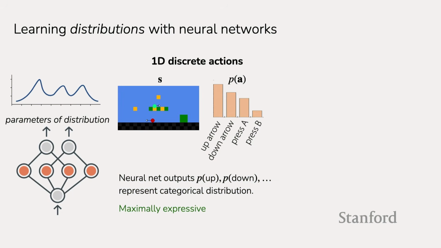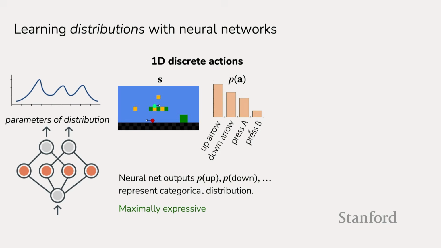And this distribution is actually maximally expressive. What I mean by that is that there isn't any distribution over actions that this cannot represent, because it's a fairly simple set of discrete possible options. So this is actually really nice. We can get a really expressive distribution this way.